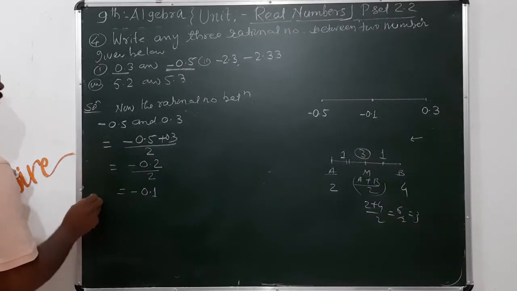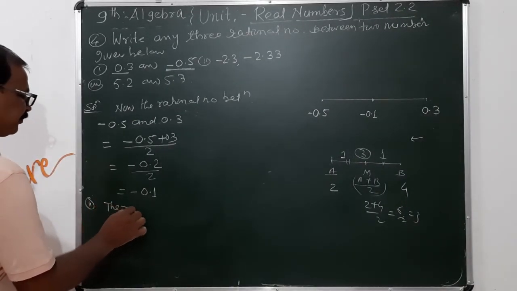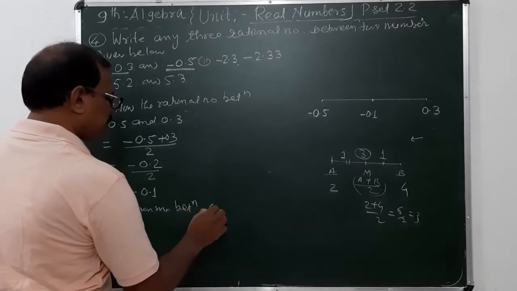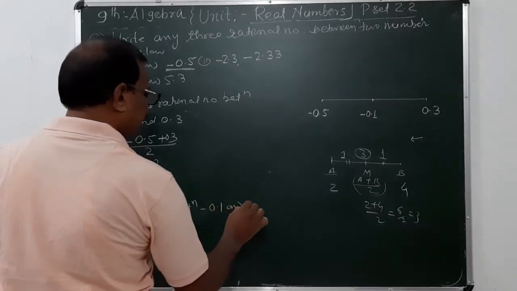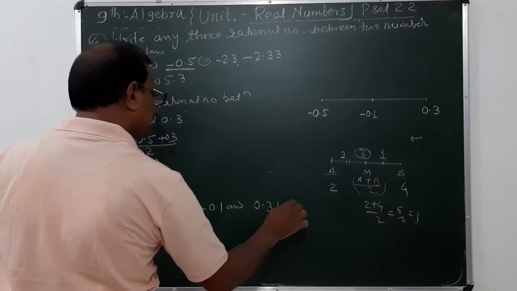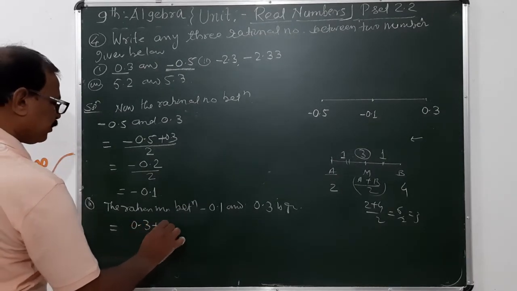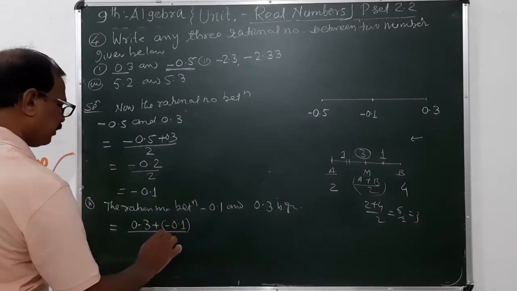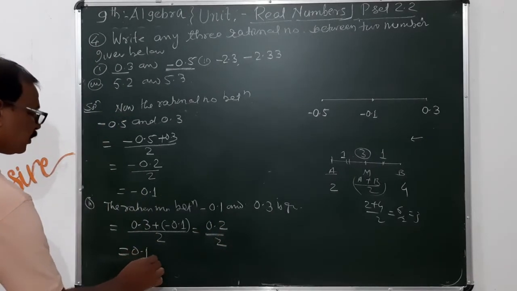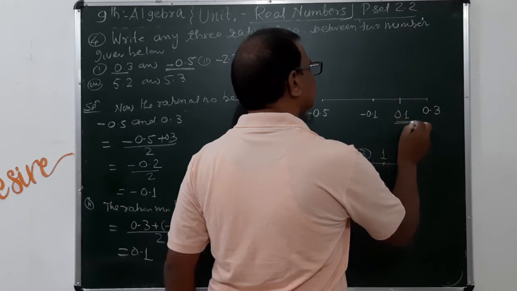Again, the rational number between minus 0.1 and minus 0.3 is given by minus 0.3 plus minus 0.1 divided by 2, which is equal to minus 0.4 by 2, that is equal to minus 0.2. So minus 0.2 is another rational number.